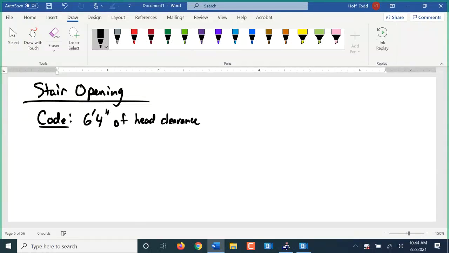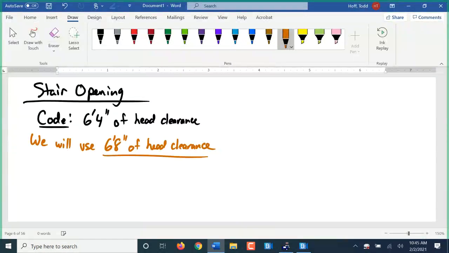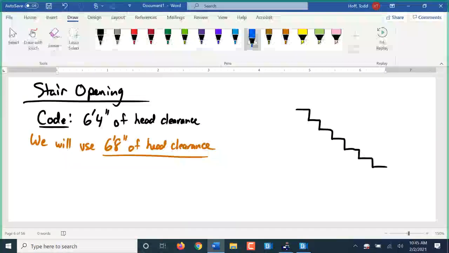Well, since we're using the simple calculation, we're going to use 6 foot 8 inches of head clearance. One is because 6 foot 8 inches is the height of a door, so it's a standard number that is used a lot in construction. Also, the average height of one of our steps, of our riser, is about 7 inches.